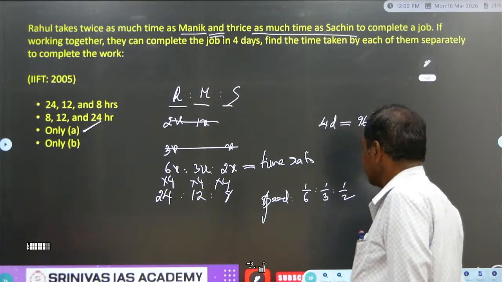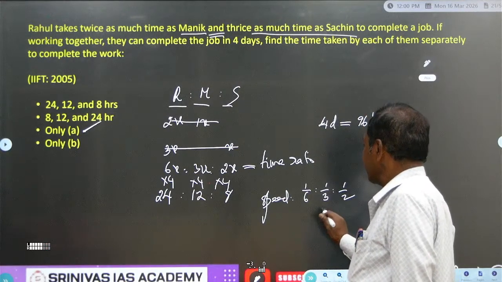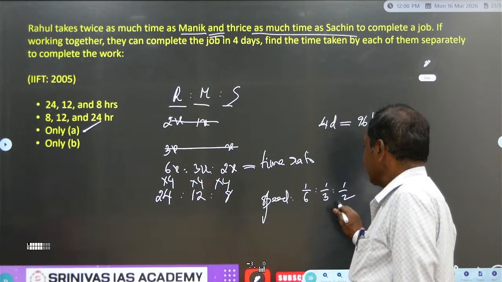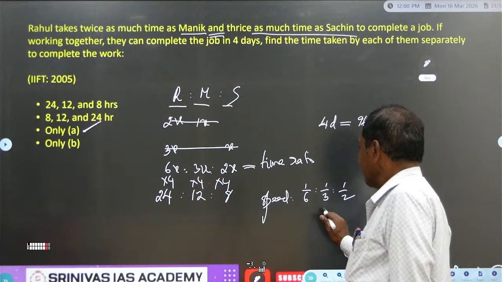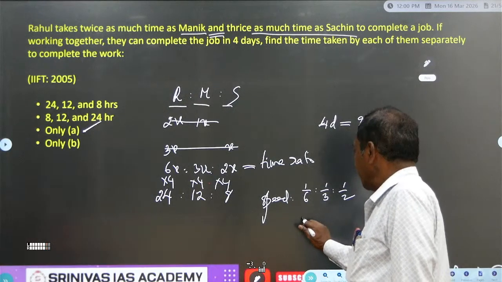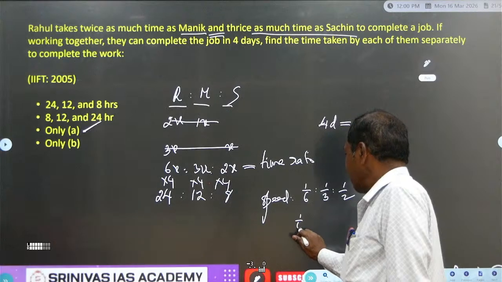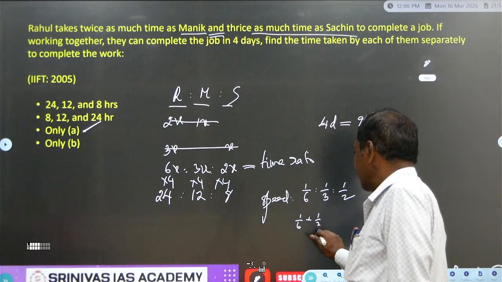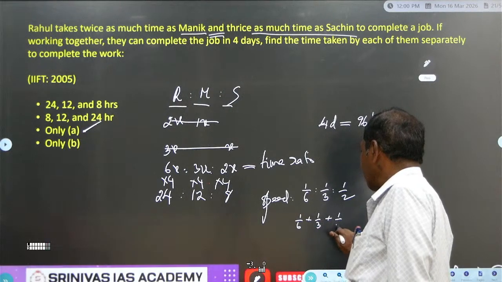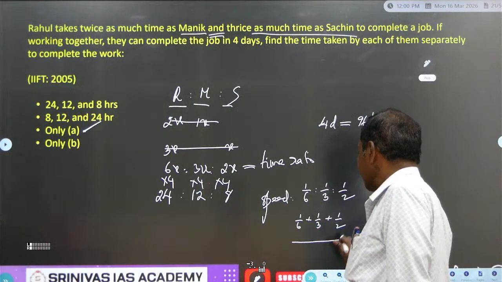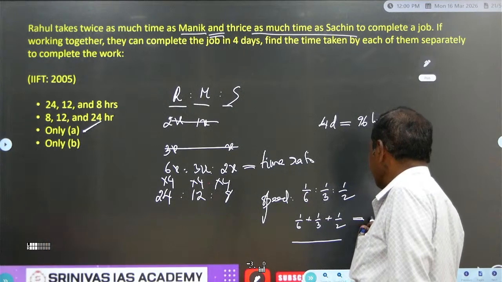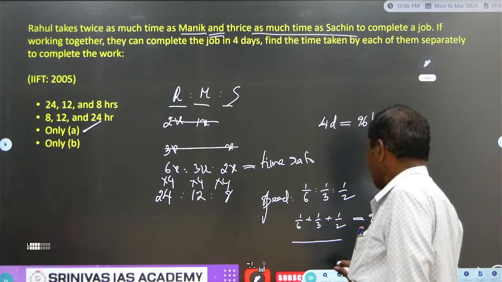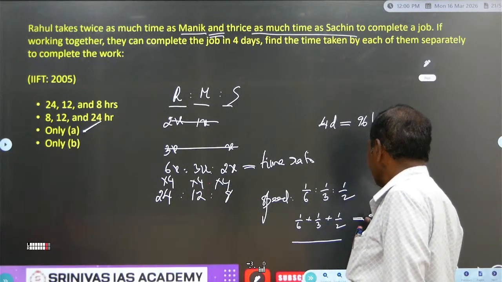So here x will be 96. Where do you write it? 1 by x plus 1 by 3 plus 1 by 2x, addition is needed because they work together. 1 by 6x plus 1 by 3 plus 1 by 2 equals 96 hours, so x equals 96.